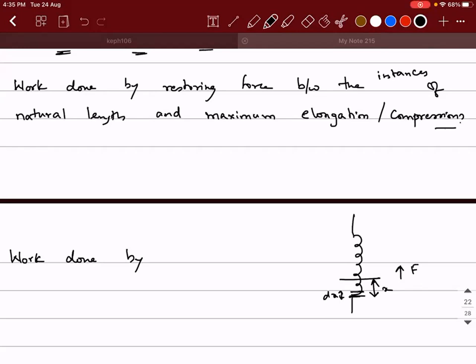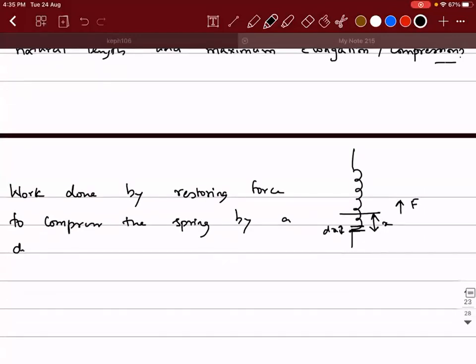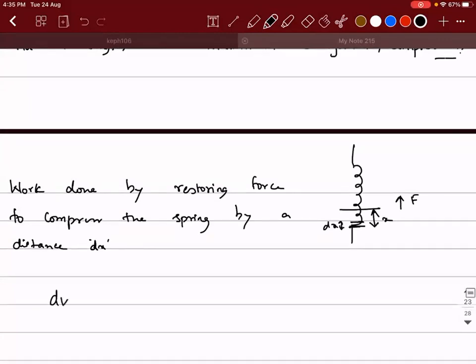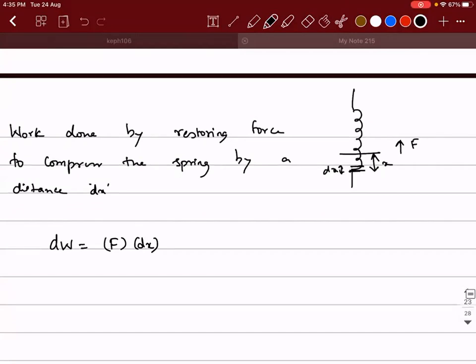So work done by the restoring force to compress the spring by a distance dx, how much is it? dW will be equal to F into dx. So what is F here? It is minus kx into this dx. Am I right, guys?